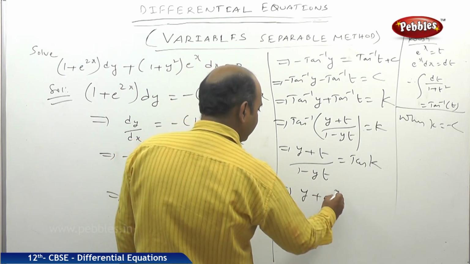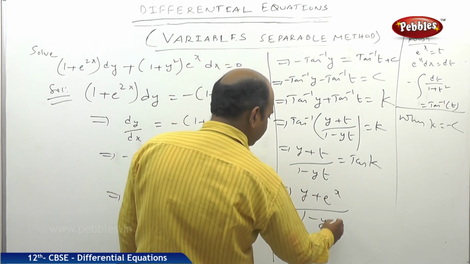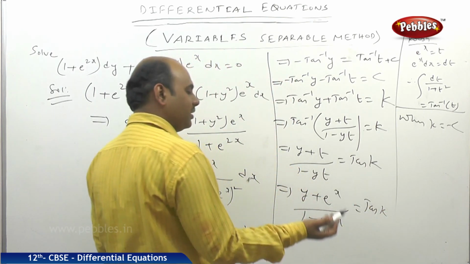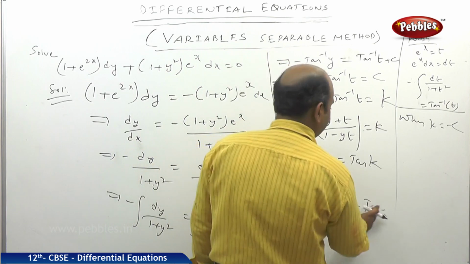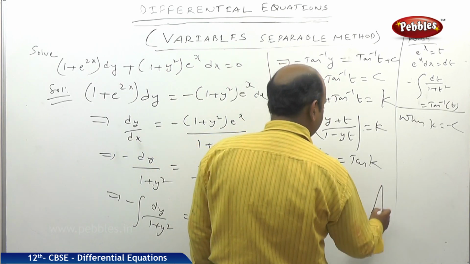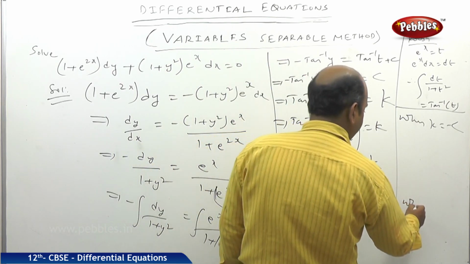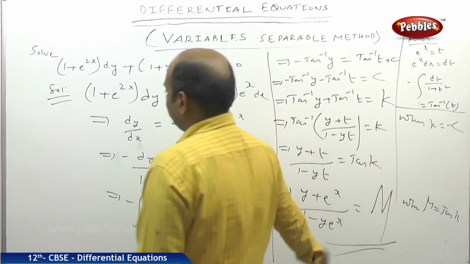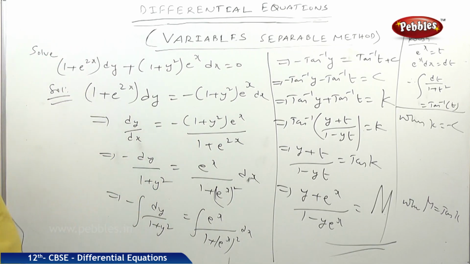So y plus e power x by 1 minus y into e power x is equal to tan k. Again, tan k means some constant only. For my convenience I will call that constant m, where m is equal to tan k, and this is the solution for the given differential equation.